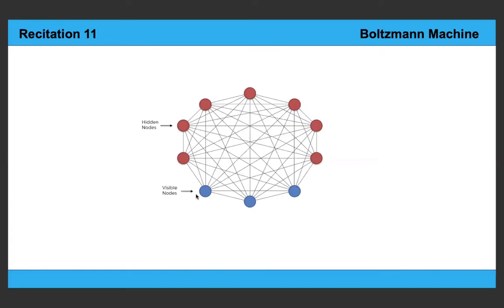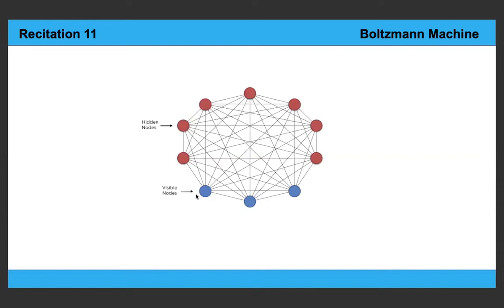The Boltzmann machine was first created by Professor Hinton in 1985, and it is a generative unsupervised model. It involves learning a probability distribution from an original data set and using it to make inferences about data that has never been seen before.